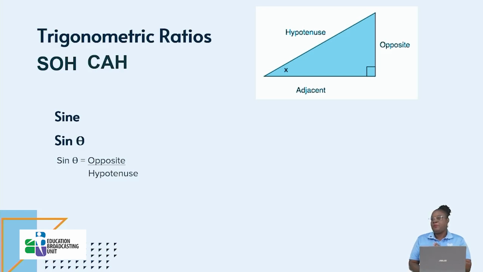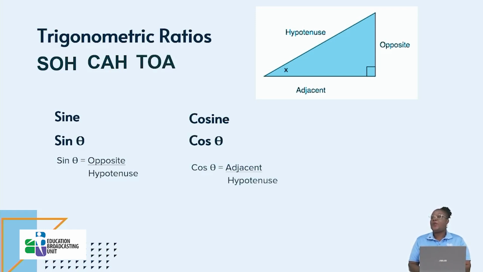Cosine, that will be the cosine of the angle is equal to adjacent divided by hypotenuse, or adjacent over hypotenuse. And our last one is tangent. That is, tangent is equal to opposite divided by adjacent.